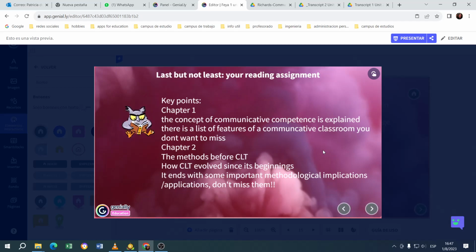And in chapter 2, there is a history of the methods before CLT, how CLT evolved since its beginnings from 1970 to now. CLT is a very, very different thing today. Basically, CLT was initiated as an approach, as a set of beliefs about language teaching and language learning. There were theories coming from the fields of psychology, linguistics and sociolinguistics that were put together to systematize a theoretical background.